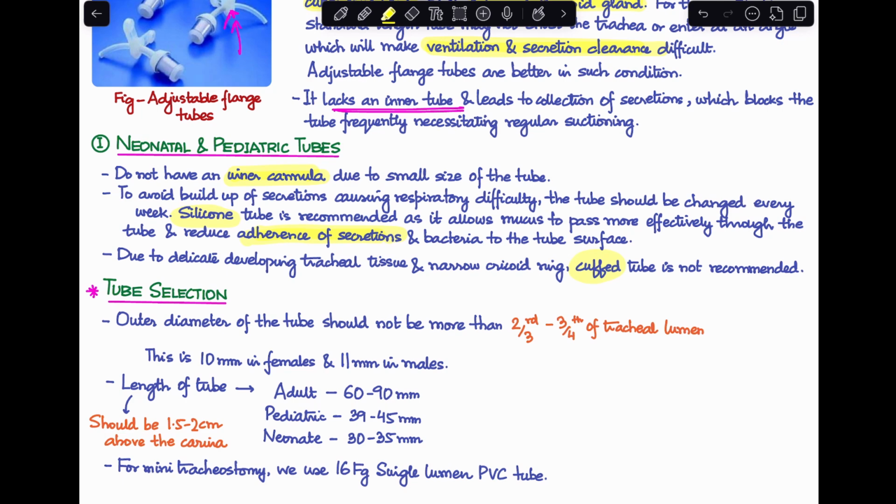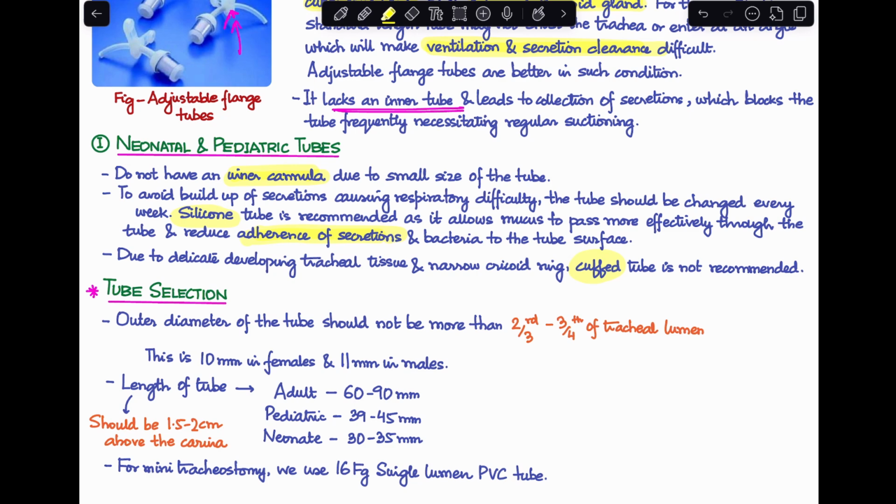Two things we need to keep in mind. One is the outer diameter of the tube, and second is the length of the tube. We should not look at the manufacturer size usually given, because manufacturers usually do not follow a standardized method.